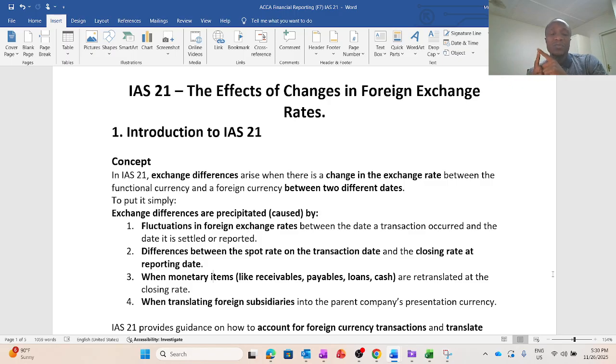But now let's assume I'm going to make this payment in 2 or 3 months' time from now. So in 2 or 3 months' time, the 20 leones per dollar might change.